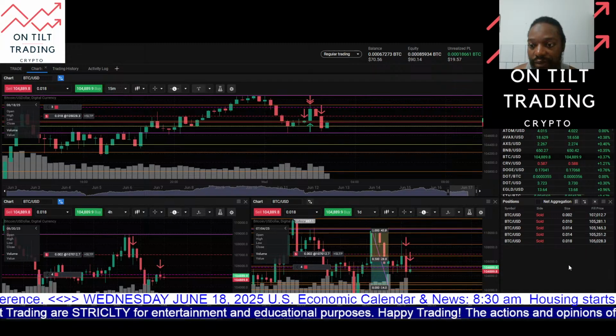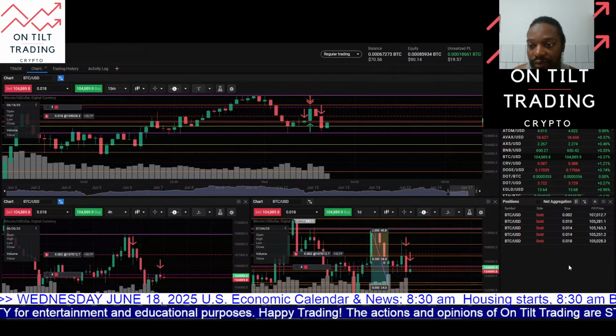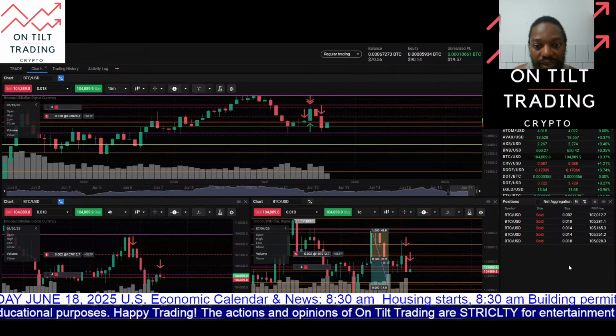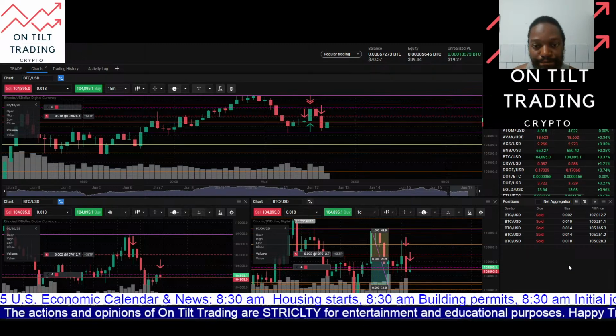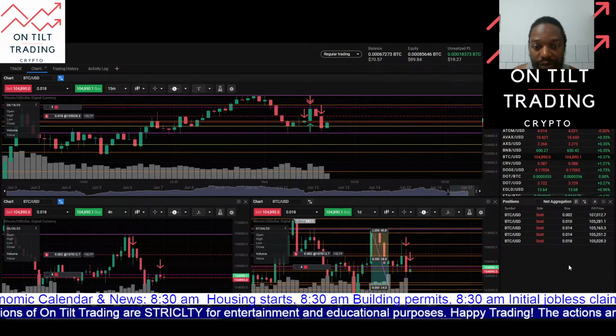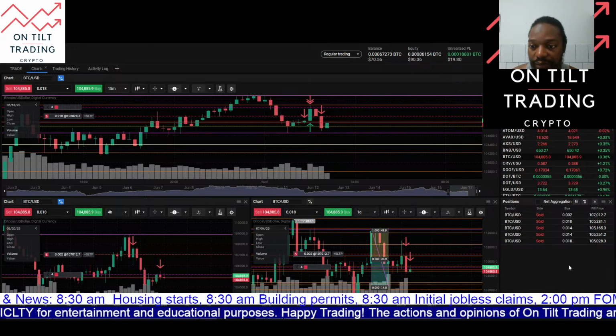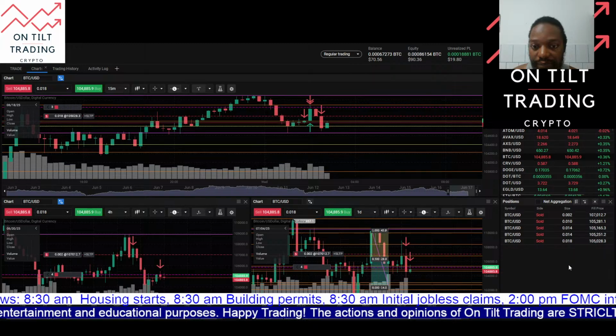Price is currently trading in between the 104,850 and 104,900 levels. Now just a little over 5 minutes into this 15-minute candle. Price still consolidating.